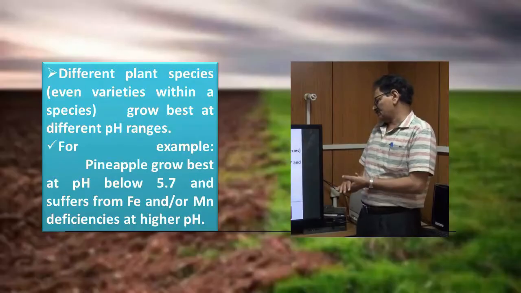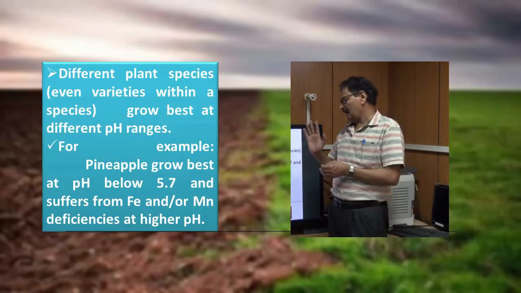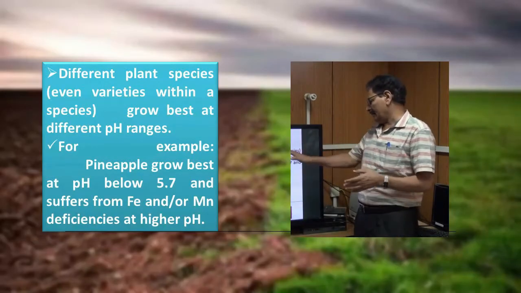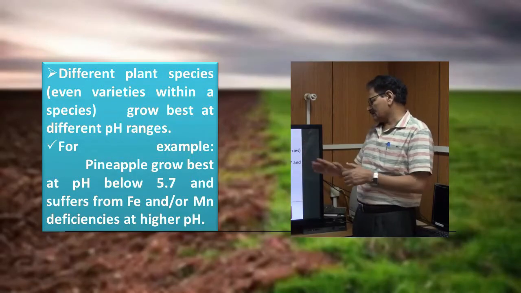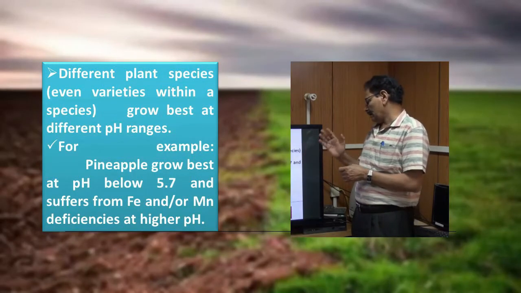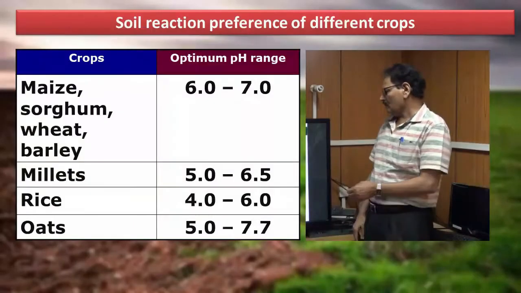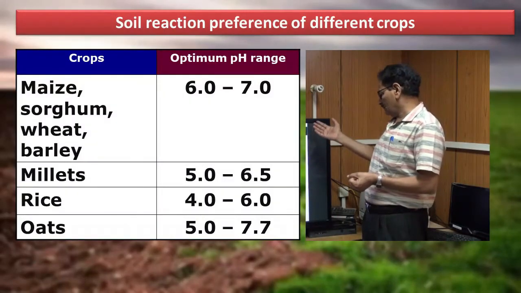Different plant species, even varieties within a species, grow best at different pH ranges. For example, pineapple grows best at a pH below 5.7 and suffers from iron or Mn deficiency at a higher pH range.